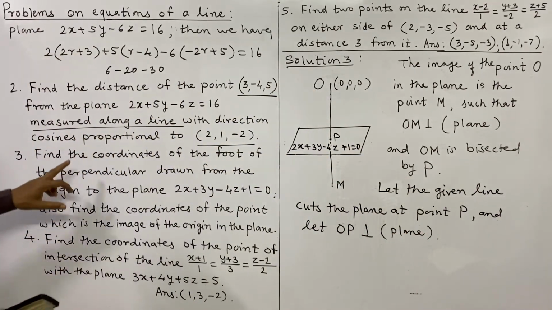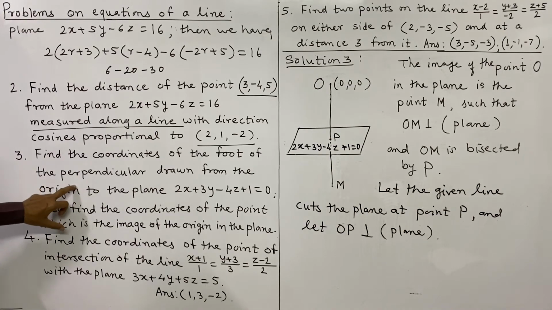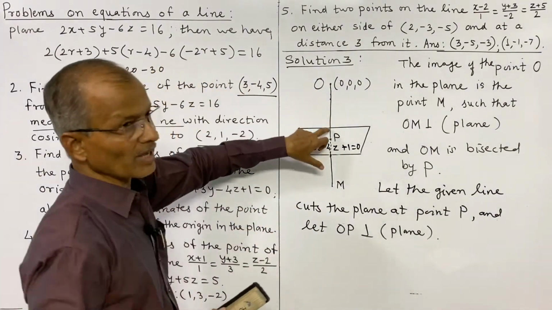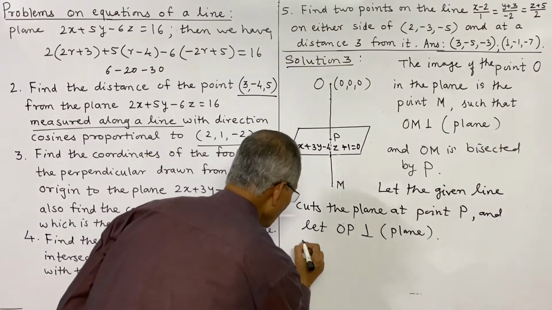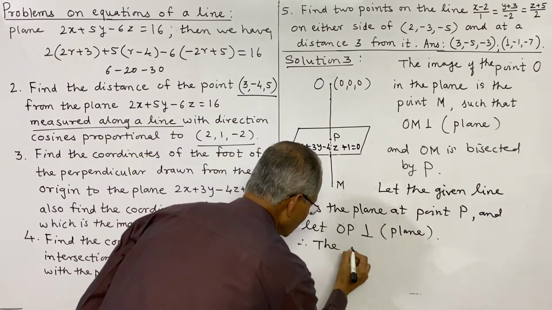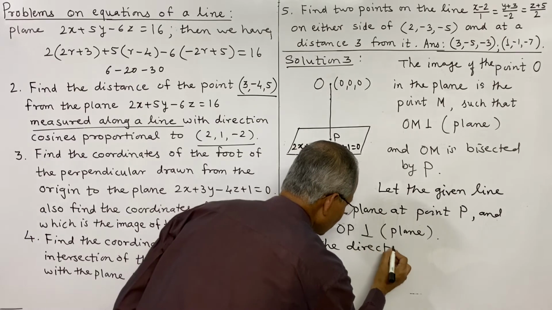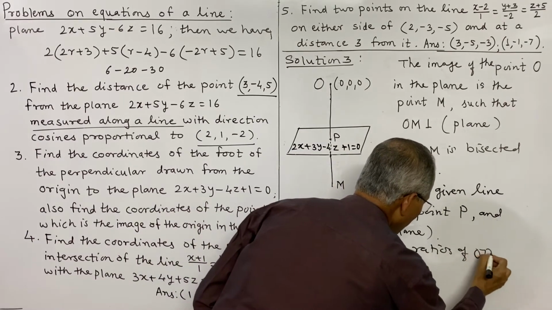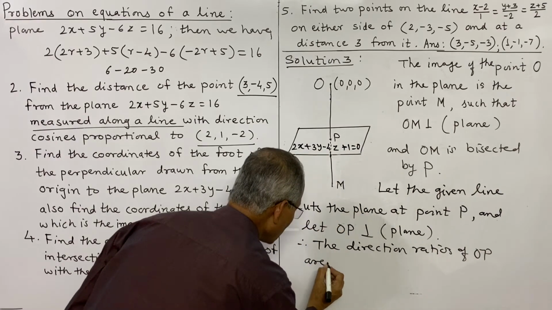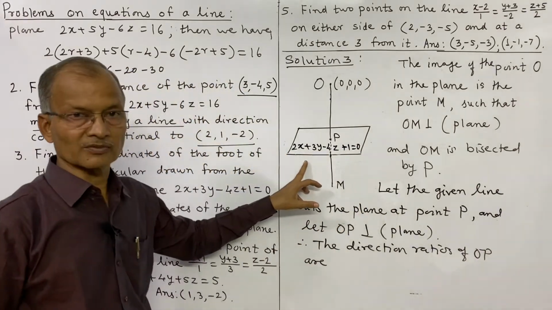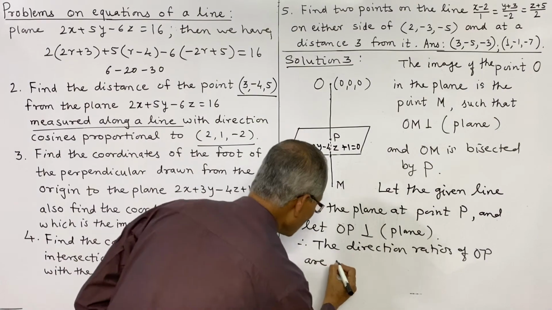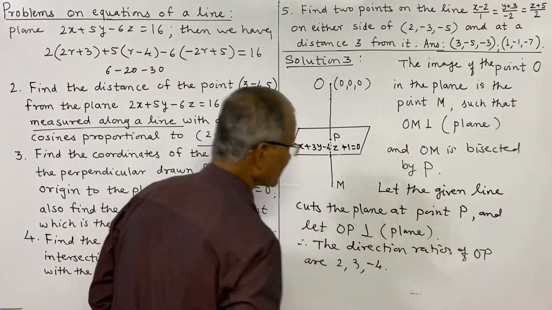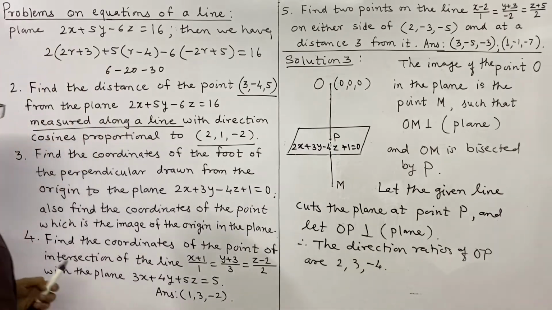Actually it is given that P is the foot of the perpendicular. Therefore the direction ratios of OP are the coefficients of x, y, z, and those are 2, 3, minus 4, and therefore the equations of line OP will be.